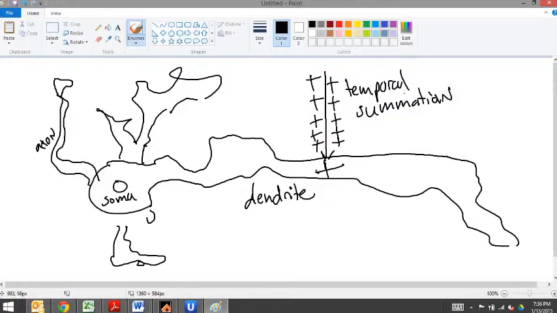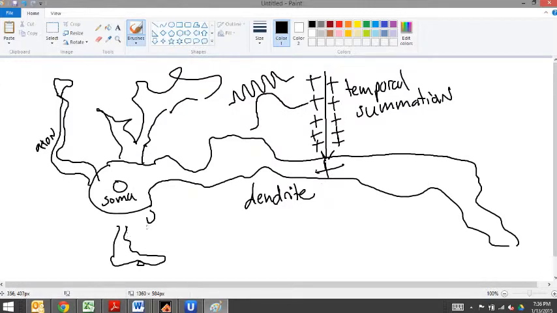Okay, and we call it temporal because they're all occurring close in time. So I believe in the book, it'll have this high frequency of positive signals will result in there being a very big positive signal here, right in the dendrite.